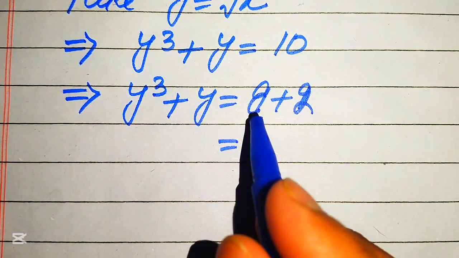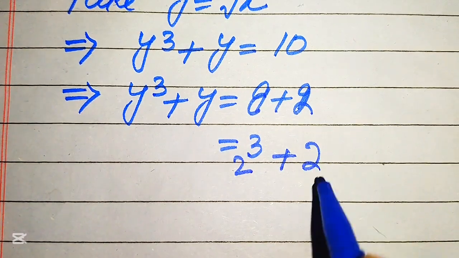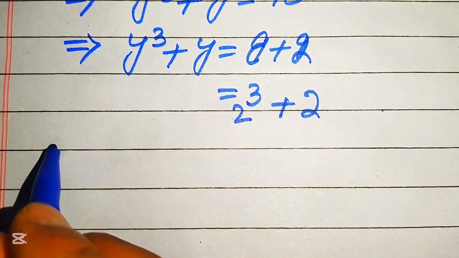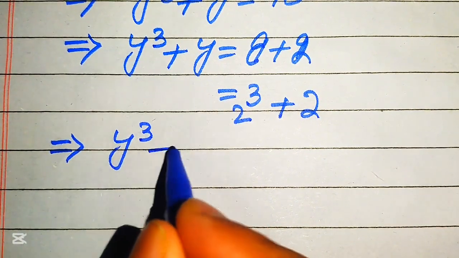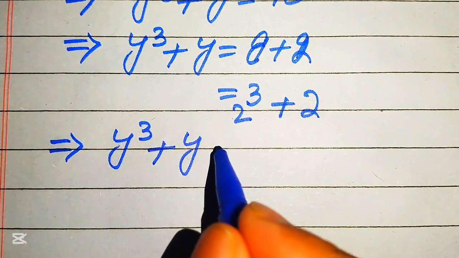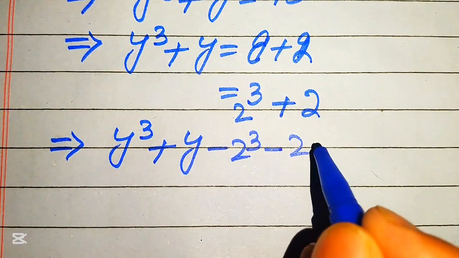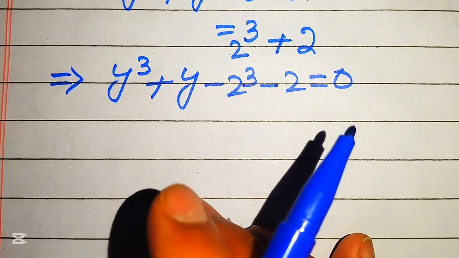So we write this 8 as 2 cubed, plus this 2, and in the next step we move these two values to the left hand side. Here we have y cubed plus y, this 2 cubed becomes minus 2 cubed, and this plus 2 becomes minus 2, and this whole equation equals 0.